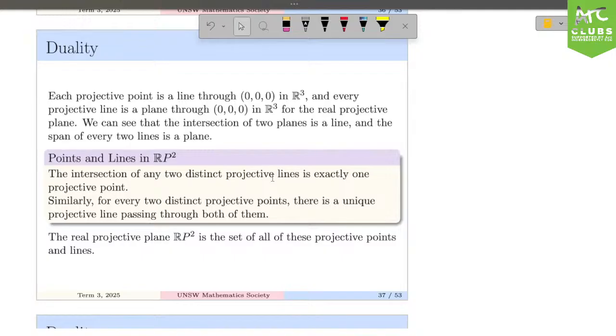Okay, now we have one of the most bizarre properties of the projective plane, which is duality.